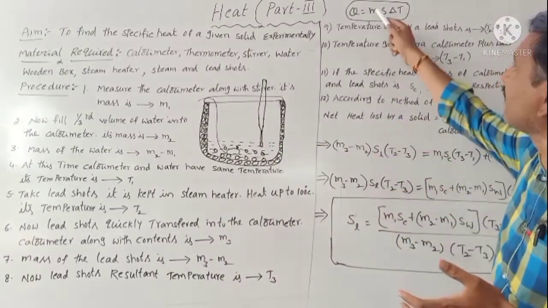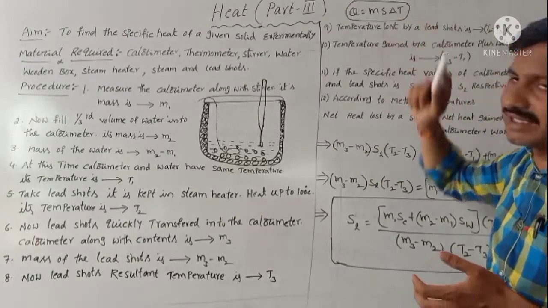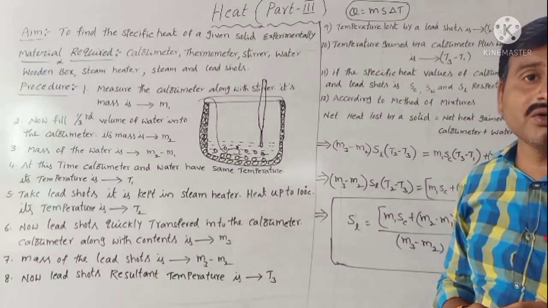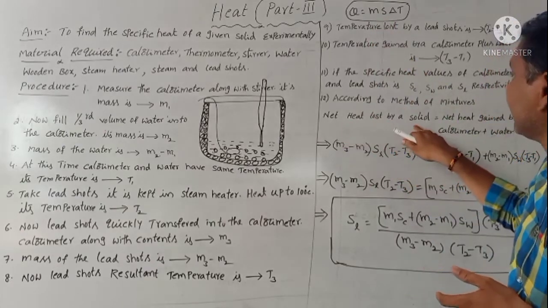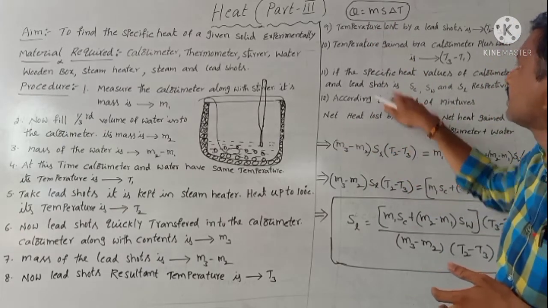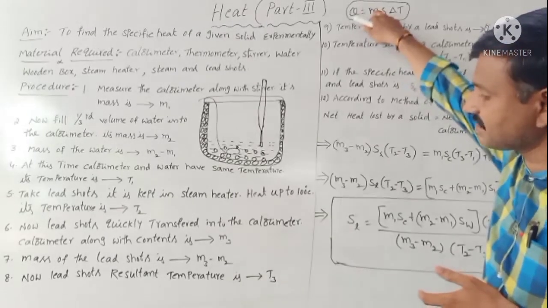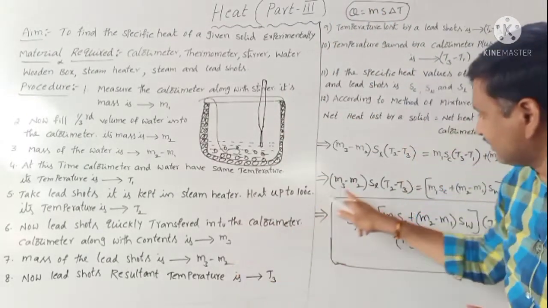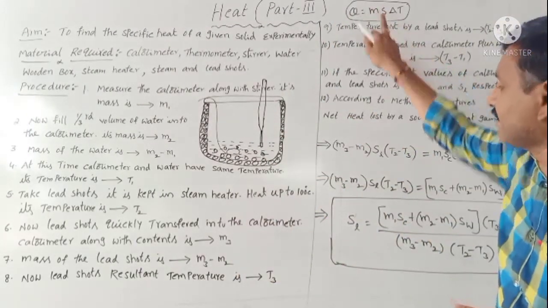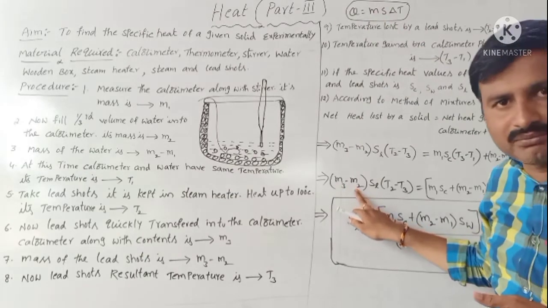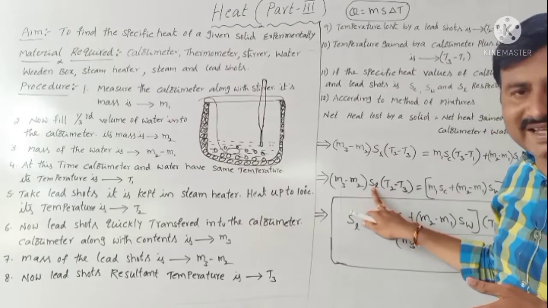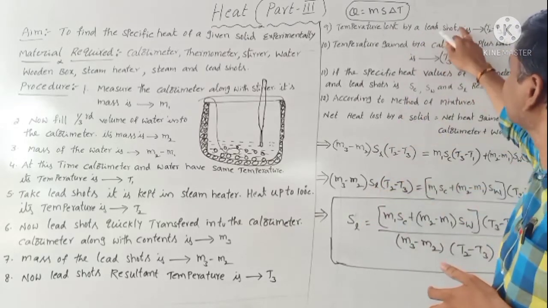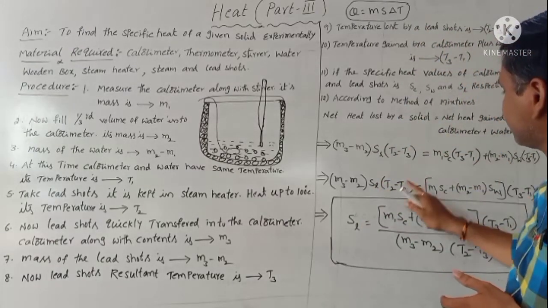So we take the formula Q equals m s delta T. First, write the heat lost by the lead shots. What is the lead shots mass? It is M3 minus M2. So in place of m we write M3 minus M2, times the specific heat of lead shots SL, and the temperature lost, T2 minus T3.